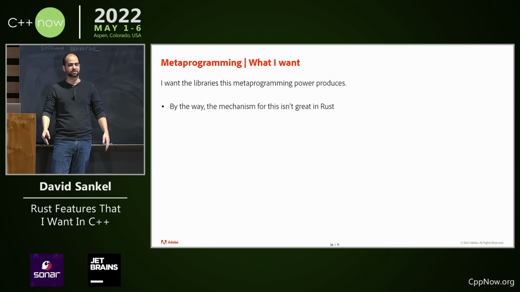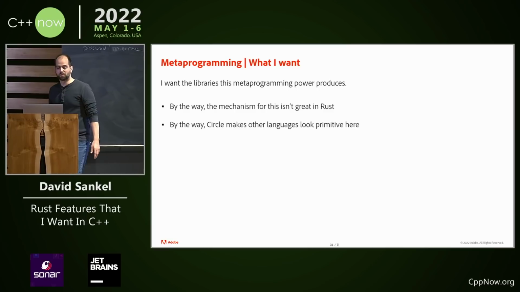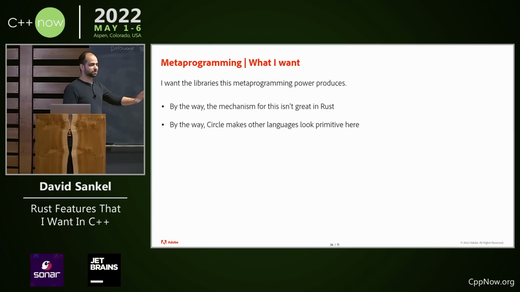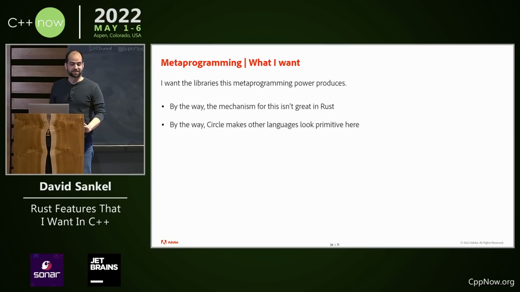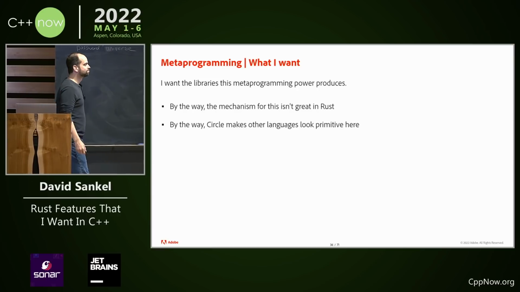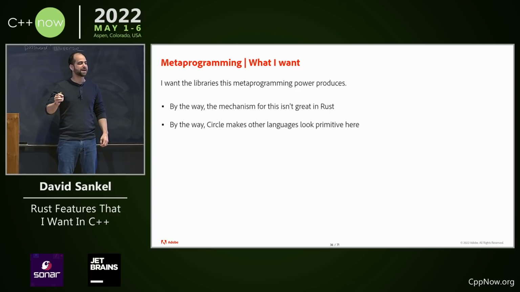And the state of the art is that people aren't really working on replacing it. It's just in a sucky place. But Circle makes all other languages look really primitive in terms of metaprogramming here. Circle is so awesome, it makes Circle look like crap.